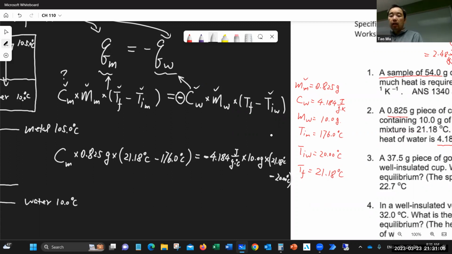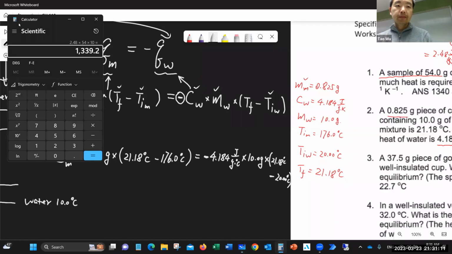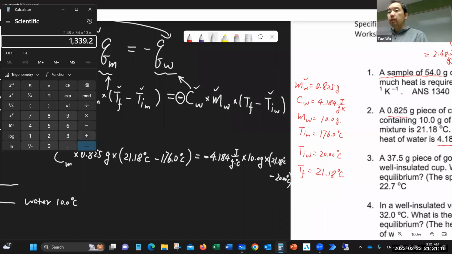Let's just rearrange this equation. So on the left side, what we can have is 0.825 times 21.18 subtract 176.0.